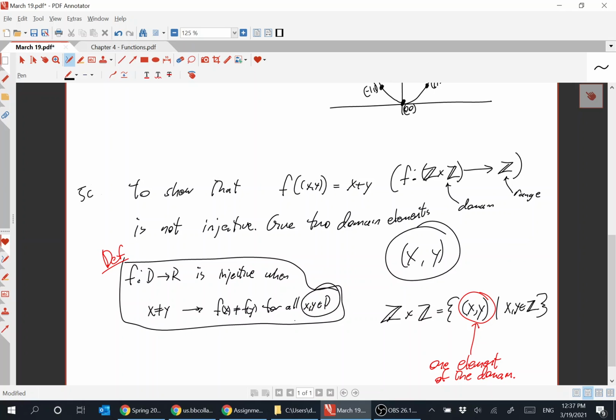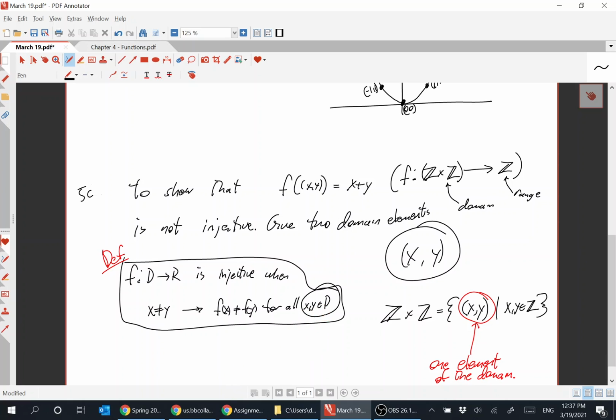They're elements of the domain. How many elements of the domain are there here?